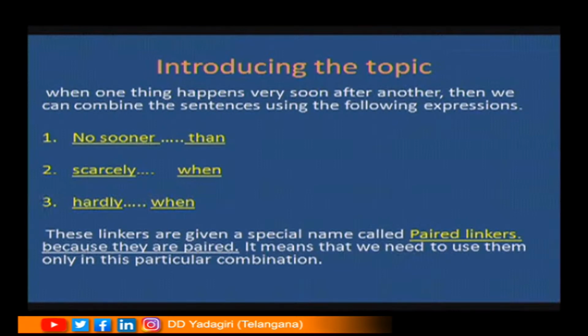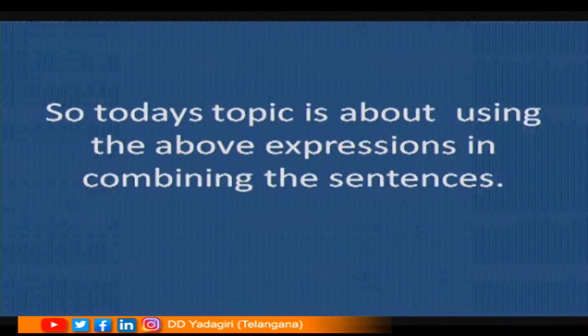Scarcely when. 3. Hardly when. These linkers are given a special name called paired linkers. Because they are paired, it means that we need to use them only in this particular combination. So today's topic is about using the above expressions in combining the sentences.